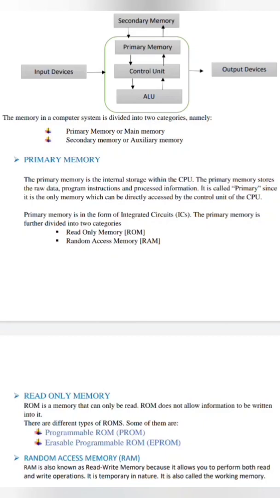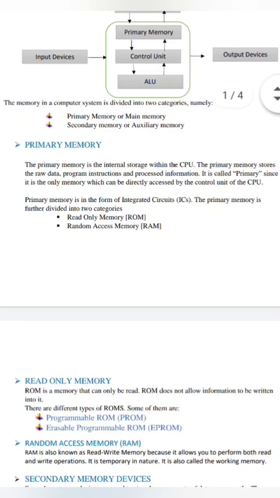Computer memory is used to store instructions and data. When the computer is doing a job, the data that has to be processed is stored in the primary memory. The data may come from an input device like the keyboard or from a secondary storage device like a CD, but it should be stored in the primary memory only. The primary memory is in the form of integrated circuits.